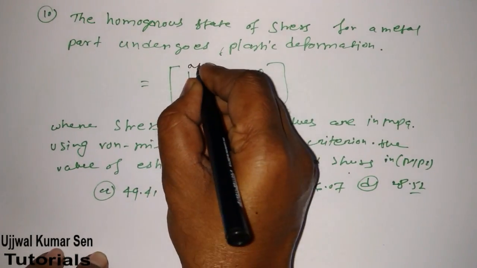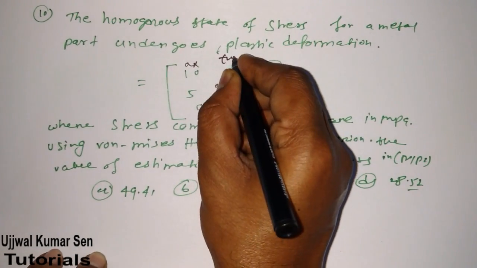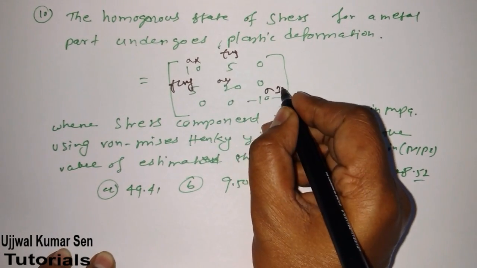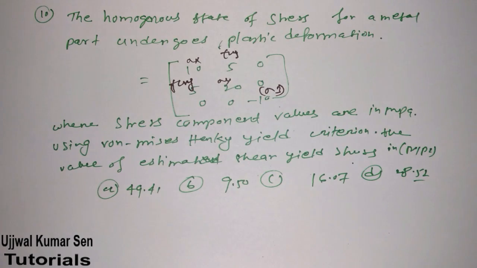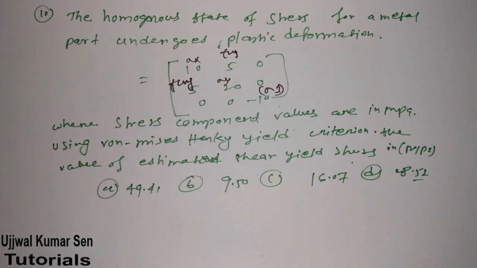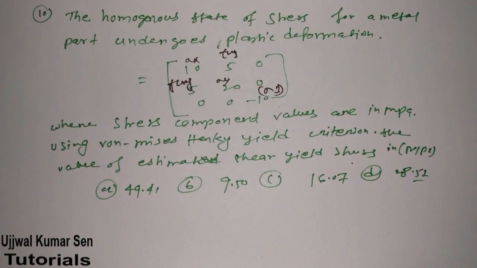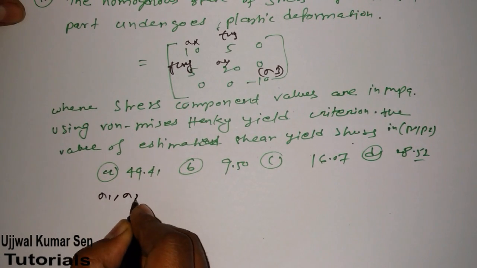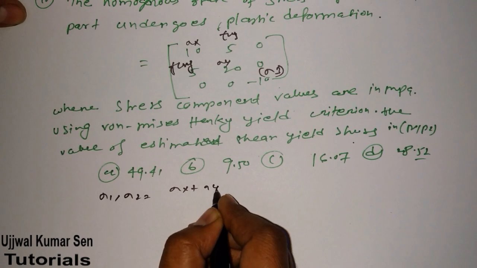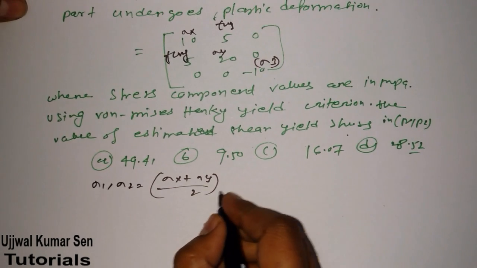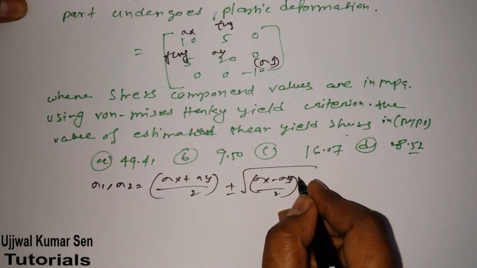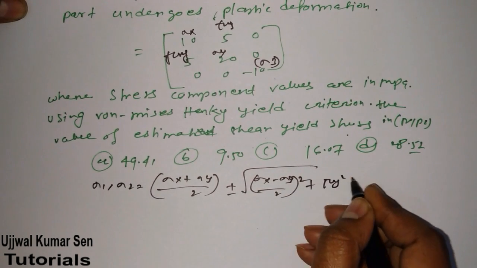This is sigma x, this is sigma y, this is tau xy, and this is sigma z, which is sigma 3. We have to take this value as sigma 3. Now from the maximum principal stress theory, we get sigma 1 and sigma 2 equal to (sigma x plus sigma y) by 2 plus minus root under [(sigma x minus sigma y) by 2 whole square plus tau xy square].